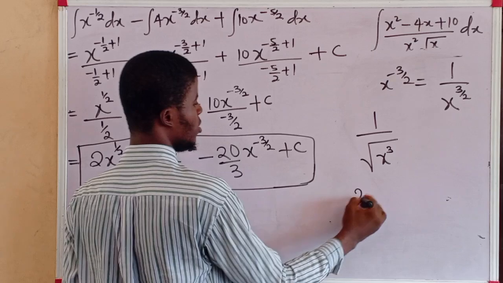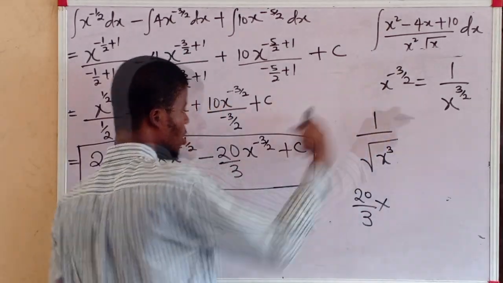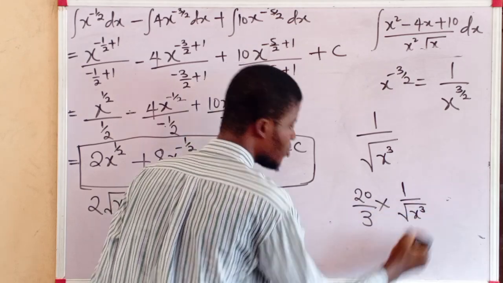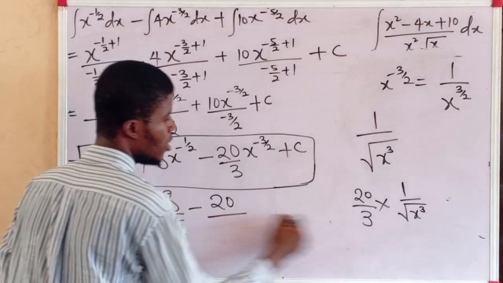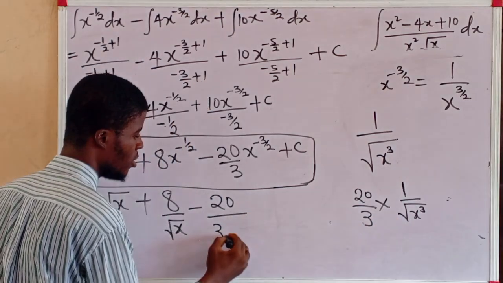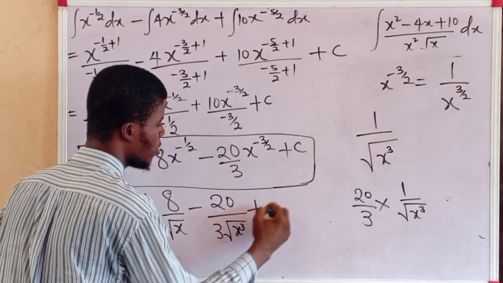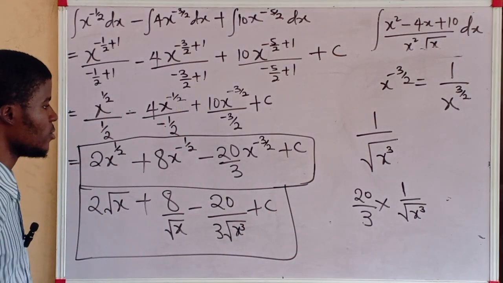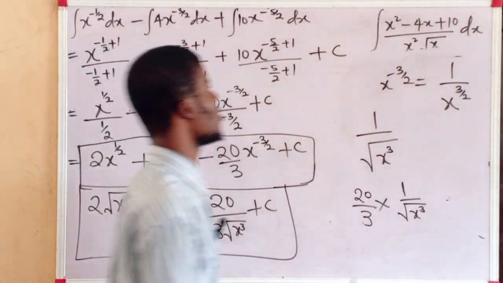Okay, 20 upon 3 into what we have here now. So we have 1 over the square root of x cubed. So 20 times 1 is 20. 3 times this, that will be 3 into the square root of x cubed plus the arbitrary constant. So whichever one is accepted. This gives the indefinite integral of this.